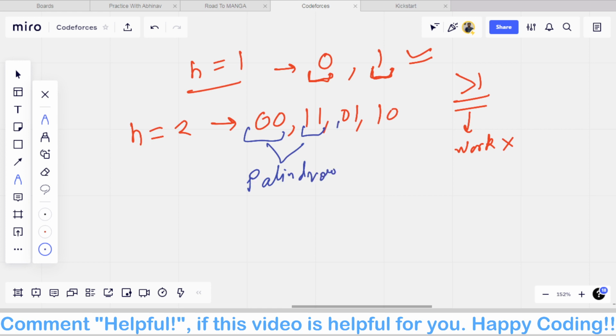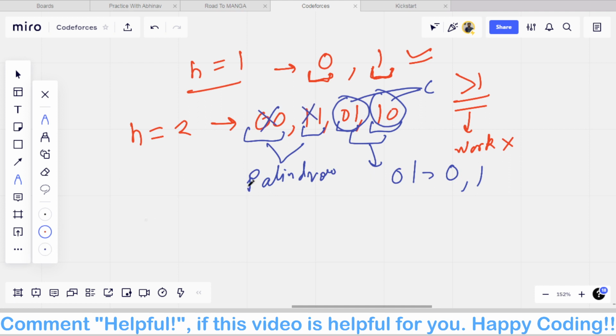But these two strings, 01 and 10, are not palindromes, and neither is any of their substrings, because the substrings of 01 can be 1, 0, or 1, so it is also not a palindrome. So these two strings are good for our algorithm. For these two strings, our algorithm will work correctly, but for the other two it will not work.